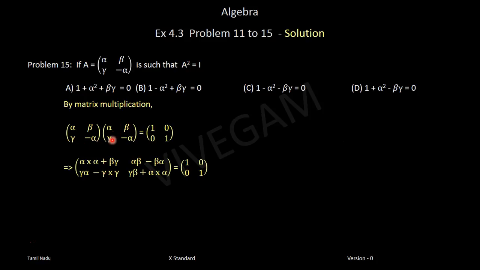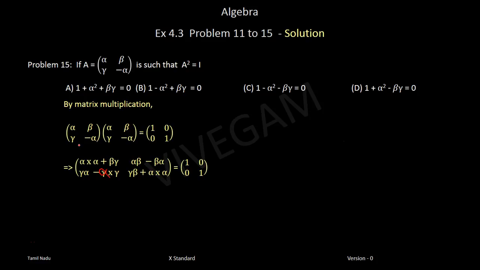I think it's a mistake here, let me correct that. So second row, first column: gamma into alpha is gamma alpha, minus alpha into gamma, so this is minus alpha gamma.